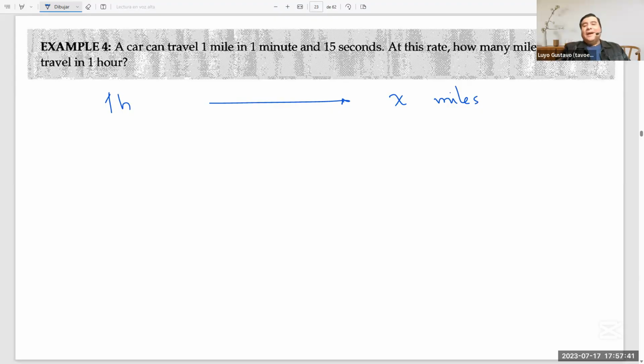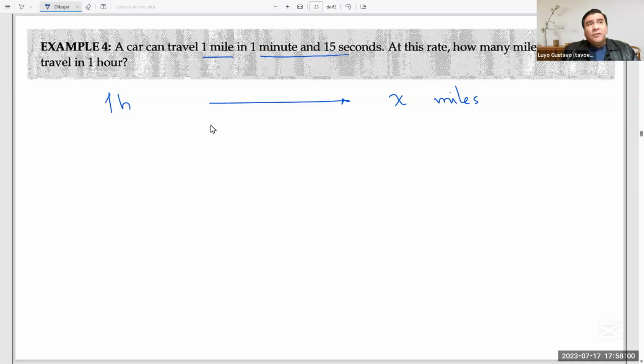Okay, how can we do this? Look, there are 2 ways to do it. One is shorter if you are familiar with the equivalence between hours and seconds, because in the end, we have an equivalence between miles and seconds from this first statement.